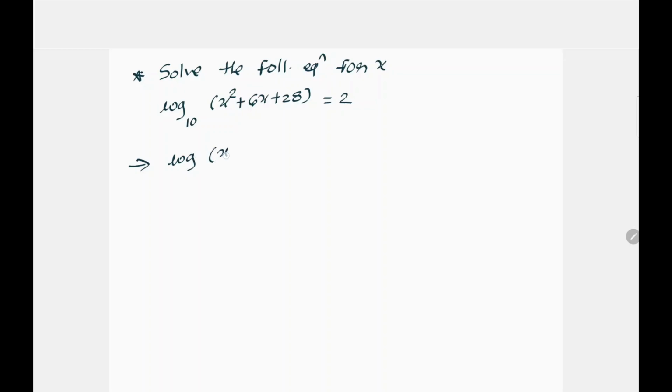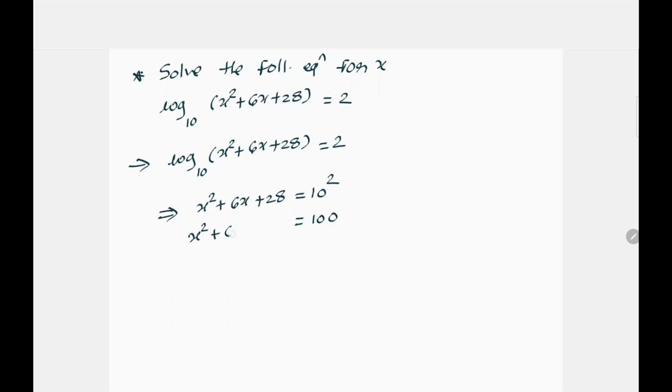Its exponential form will be x square plus 6x plus 28 is equal to 10 square. 10 square is 100.